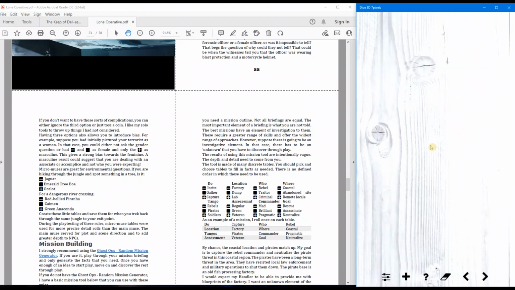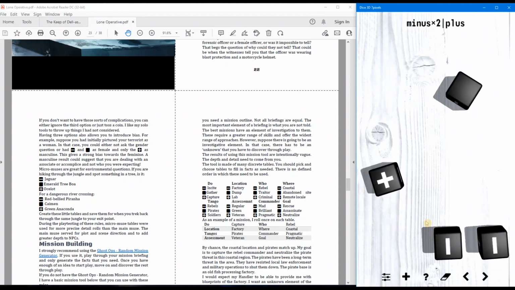You roll one dice, and if you're looking for tracks of what's in here, taking the top dice blank, there's the evidence of a tree boa, maybe a shed skin or something, or whatever remains you find from a tree boa. I don't know, you probably wouldn't find many of them, but maybe the tree boa is hanging from a tree over your path. You're using it to create little details.